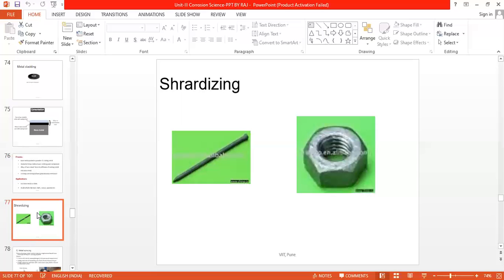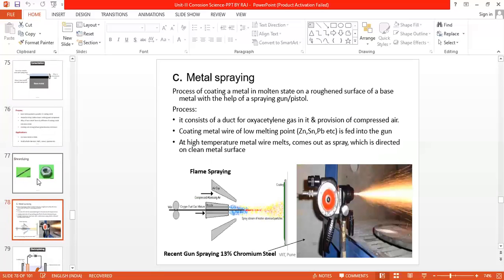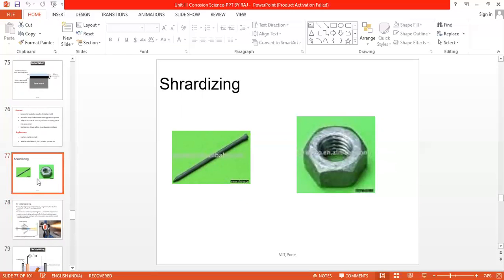The next method is Sherardising. In Sherardising, small hardware articles like bolts, nuts, etc., are taken in a roller, which is a container kept rotating at high speed at a high temperature, and that container always has the coating metal in powder form.